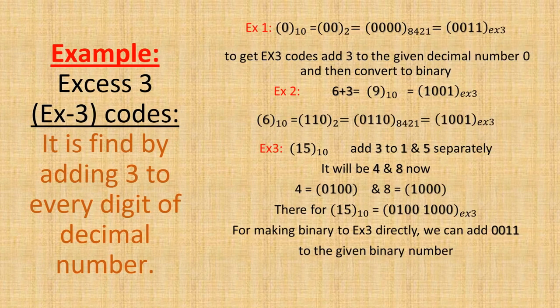In the non-weighted category, we will discuss the XS3 code, sometimes abbreviated as EX3 code. Such codes are found by adding 3 to each digit of the decimal number. In our first example, the decimal 0 is first converted to binary, then to the BCD 8421 coding system.